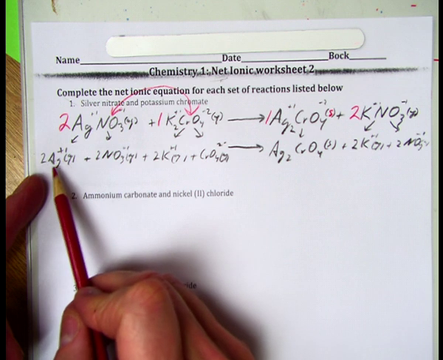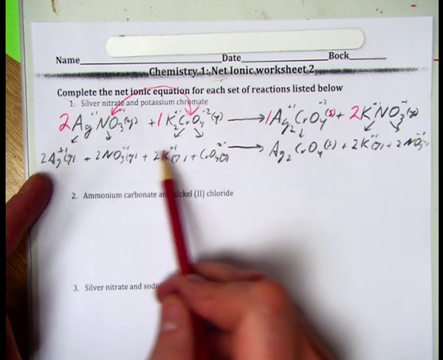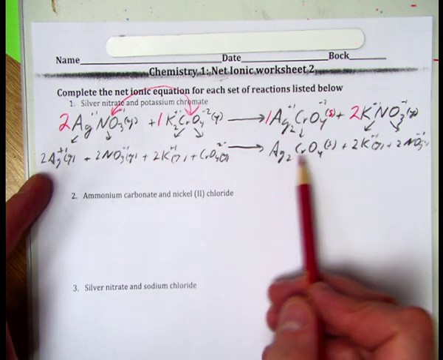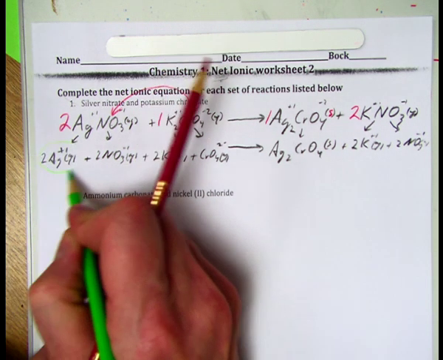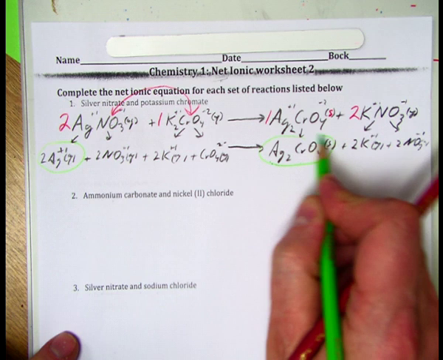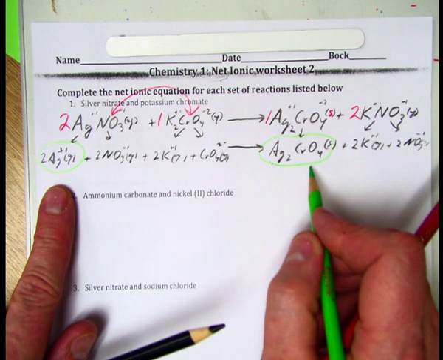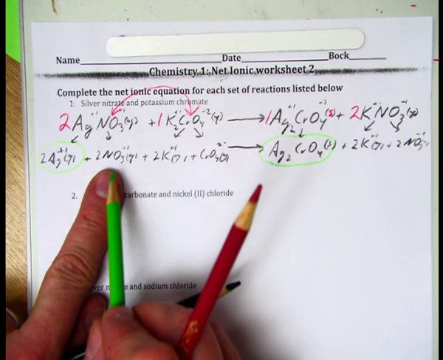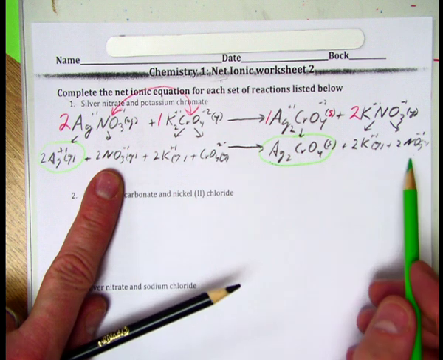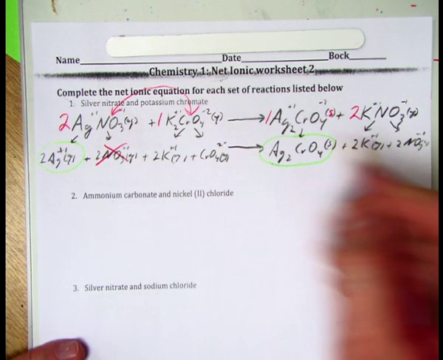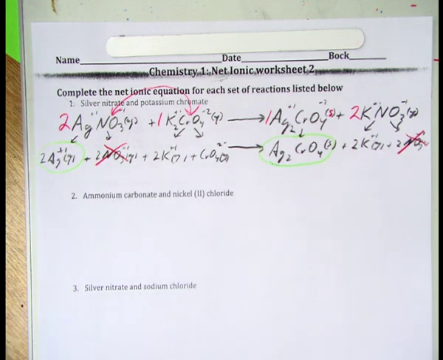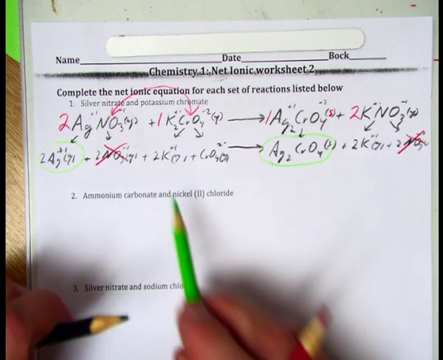We had 2 silver ions floating around freely on the left. On the right, they're not free anymore. They are bound up in a solid compound, so we keep the silver in its new solid compound. The 2 nitrates are floating around aqueous, and after the reaction, they're still there. So we don't care about those. Those are our spectator ions. They don't take part in the reaction.